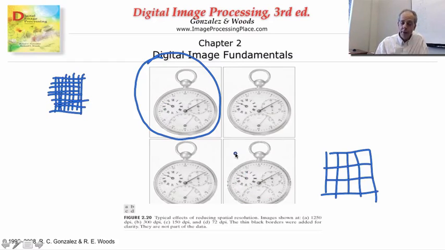So here we only have changed the spatial resolution. We have not changed the number of gray values. Still, let's say we have 256. So each one of these is represented with 256, and each one of these is represented with 256. But we are not able to represent such fine detail with this as we are with this.